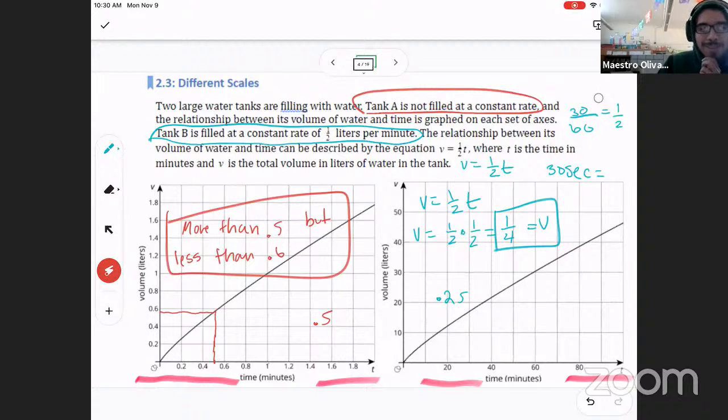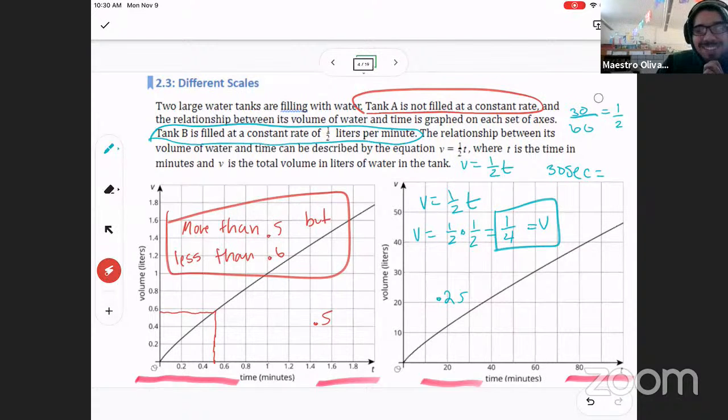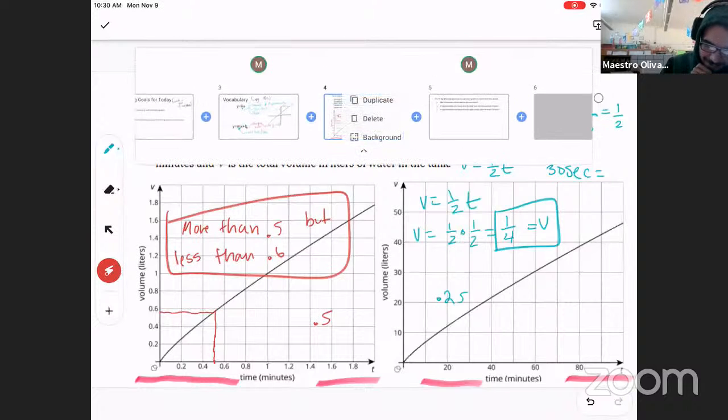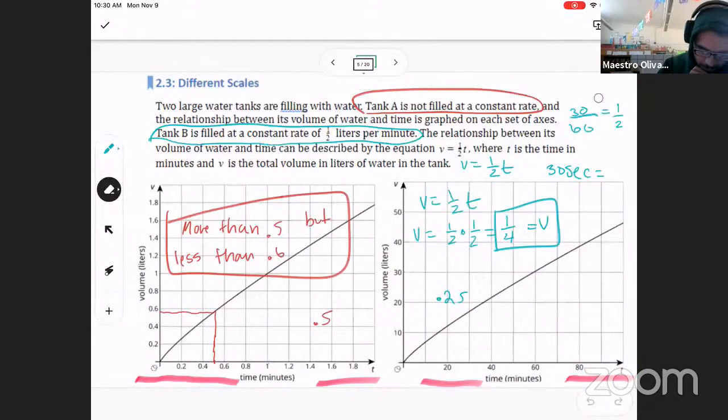All right. I think the students are flabbergasted. So the red definitely has more water. Red definitely has more water after 30 seconds. Before I move on, are there any questions?